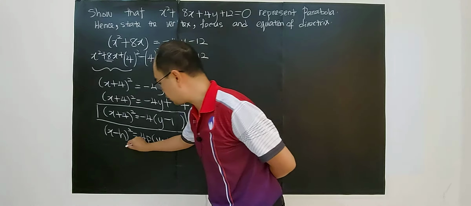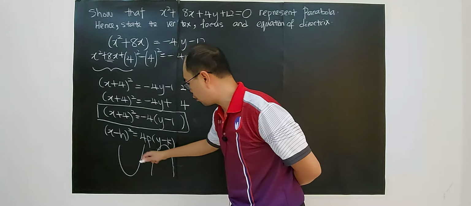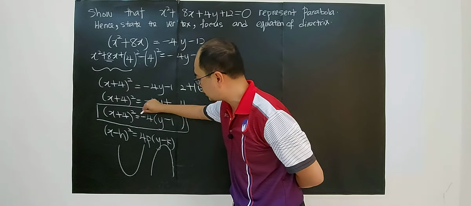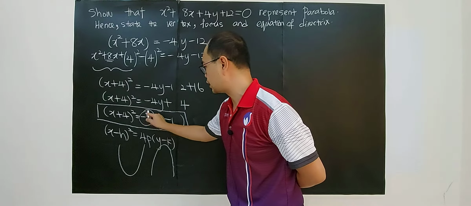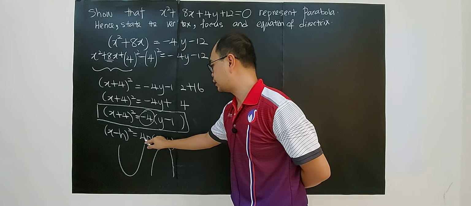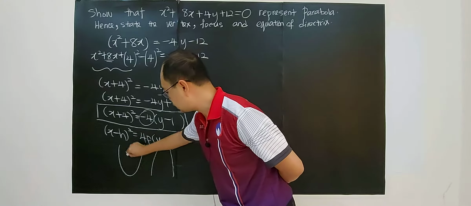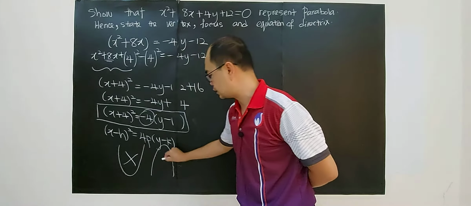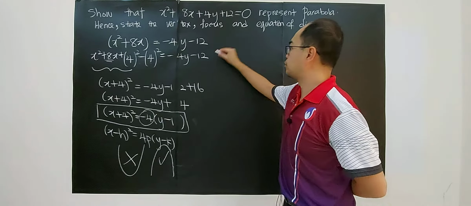So we know that this type of parabola opens either up or down. Whether it opens up or down depends on the sign of the coefficient, the value of p. Here, 4p equals negative 4, so you are getting a negative number. This means that the graph opens downwards.